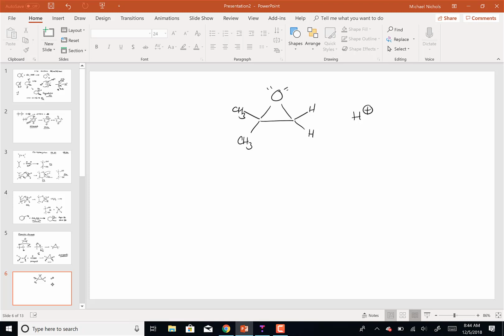I'm going to protonate the oxygen. Right? That's going to be our standard answer from now on. Whenever you have an oxygen or a nitrogen species and you're reacting them with acid, the first step is protonate the oxygen or nitrogen.